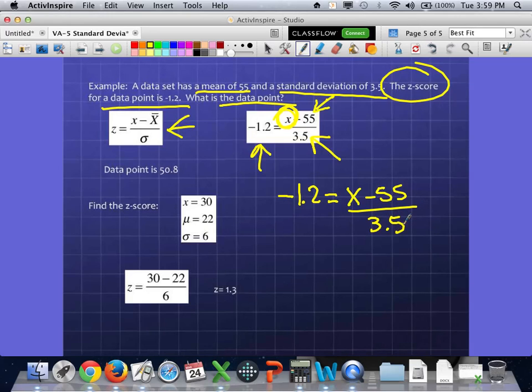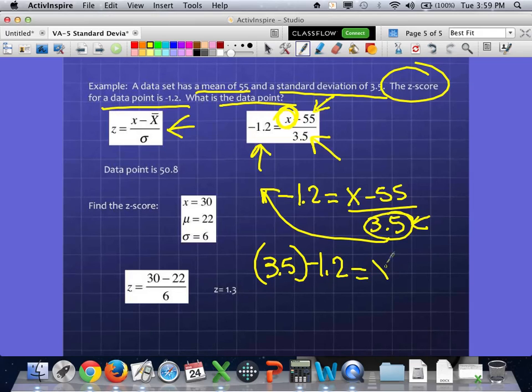Okay, the last thing we said was divide by 3.5. We need to solve for x. So instead of dividing by 3.5, we are going to multiply by 3.5. So it's going to be 3.5 times negative 1.2 is equal to x minus 55, and then we'll add 55 to that answer.